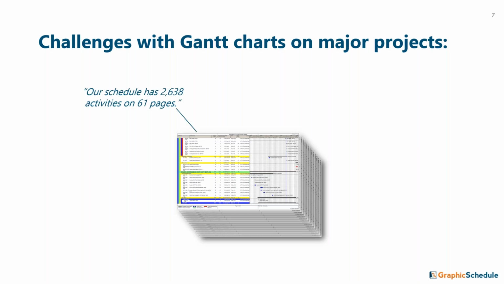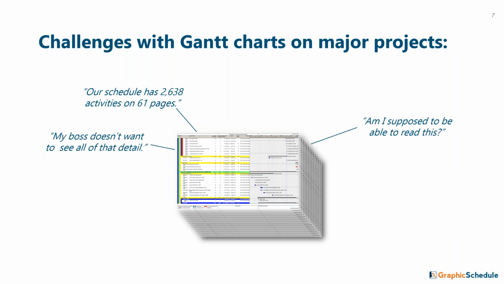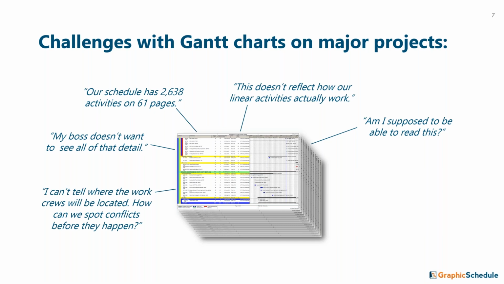Some projects have thousands of activities on many, many pages. Very difficult to read. Too much information for the boss. It doesn't really show us how things move. It's more like just a list of activities. And it's hard to see where people are working.